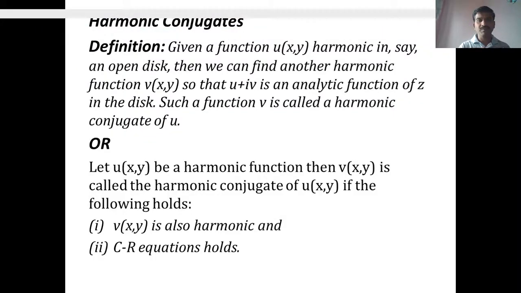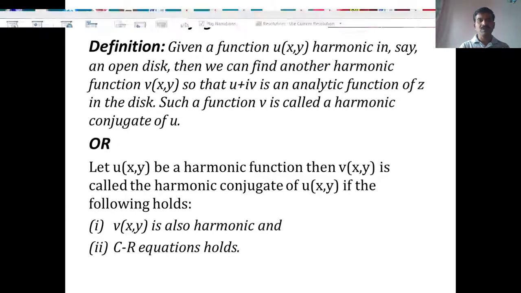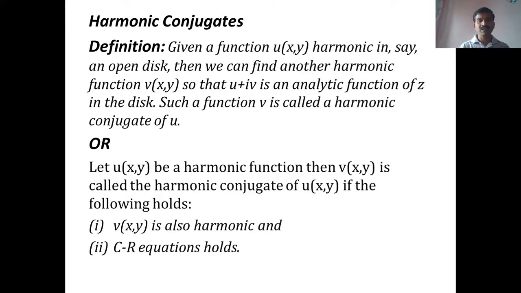So in another way, we can see the harmonic conjugate. What are the conditions to find a harmonic conjugate? Let u be the real part of the analytic function. Let u be a harmonic function.